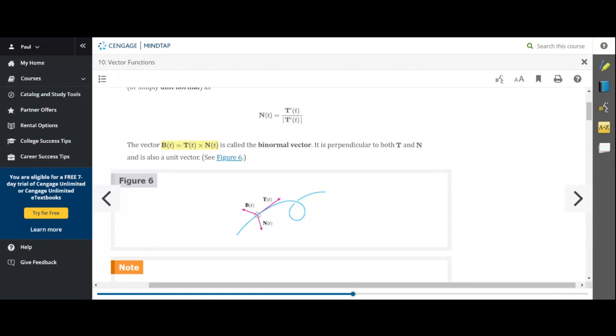So on that note, let me get back to the thing here. The tangent vector at t equals pi over 2 is equal to 1 over the square root of 2 times the vector -1, 0, 1.